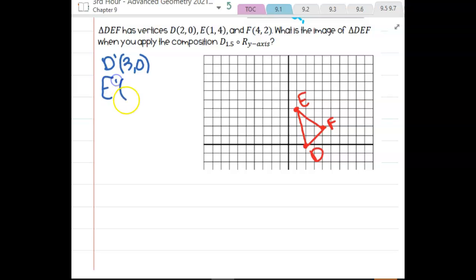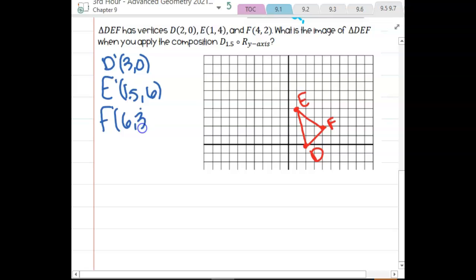We're going to do the same thing to find E prime, except we're going to take 1 and 4 both times 1.5. 1 times 1.5 is 1.5. 4 times 1.5 is 6. And then F prime. 4 times 1.5 is 6. 2 times 1.5 is 3.